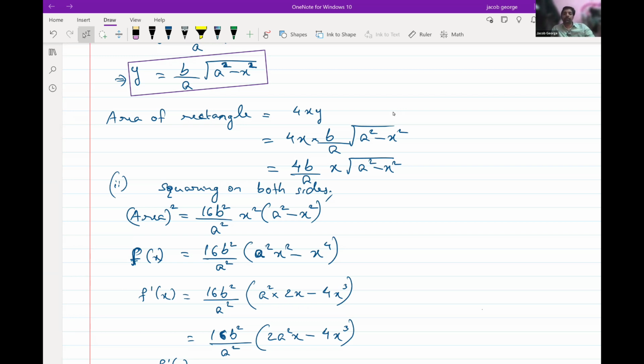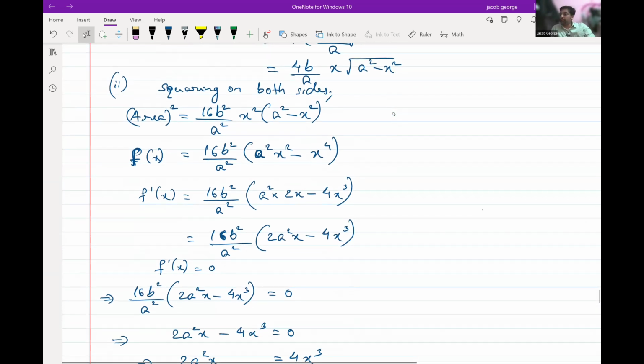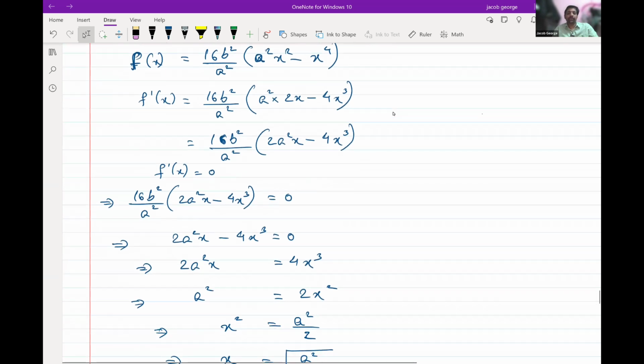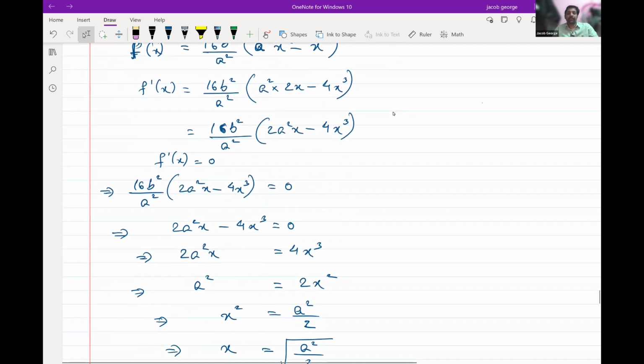So then we equate it to 0. F dash x is equal to 0 implies 16b square by a square into 2a square x minus 4x cube is equal to 0, which means we get 2a square x is equal to 4x cube, or x square is equal to a square by 2.